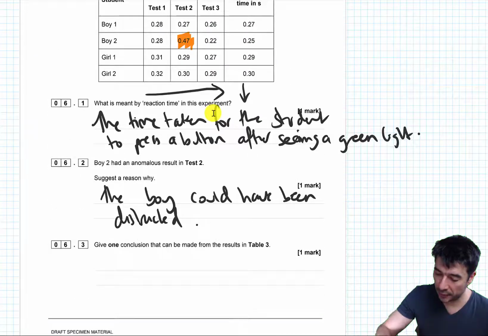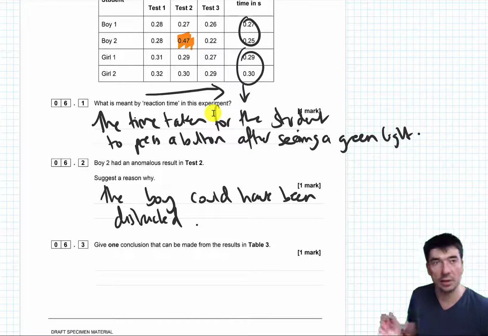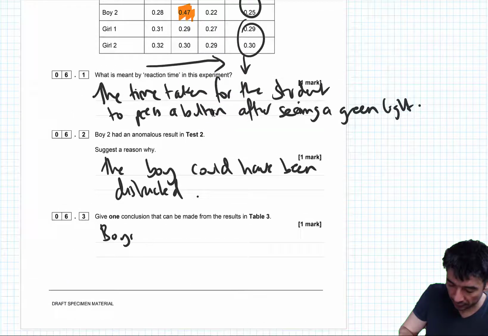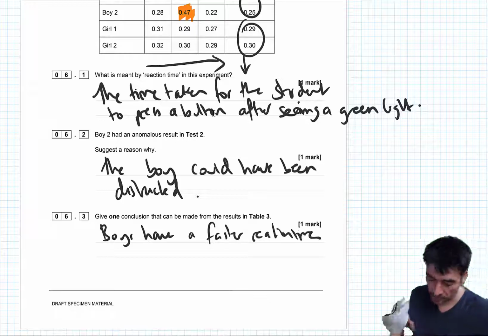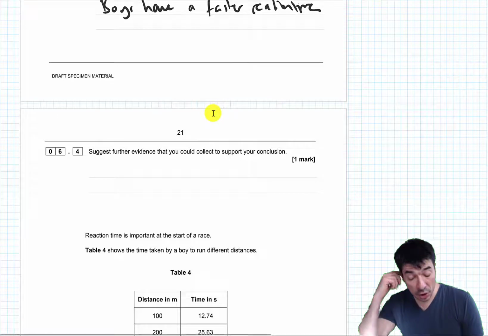And another thing we could say is if you compare the boys' results to the girls' results, the boys' results on average are lower than the girls' results. So you could choose either. Let's go with boys have a faster reaction time. Okay, next bit says, suggest further evidence that you could collect to support your conclusion.